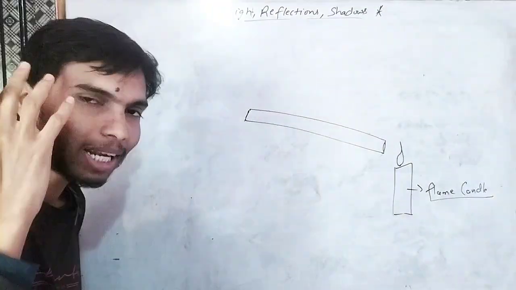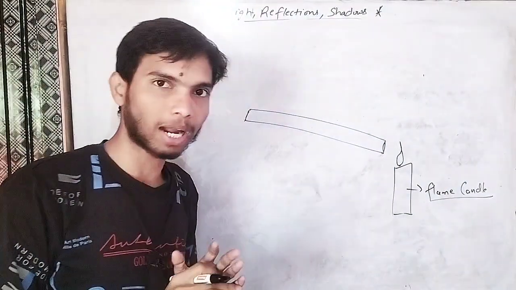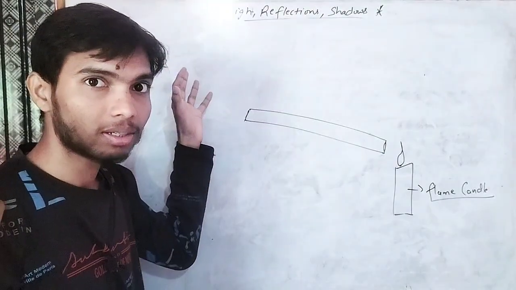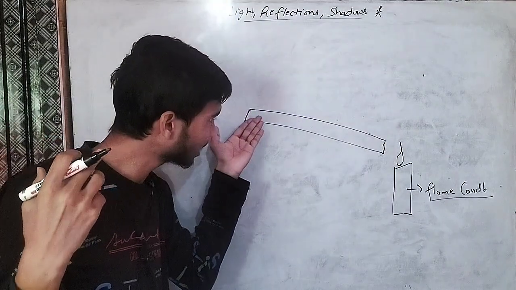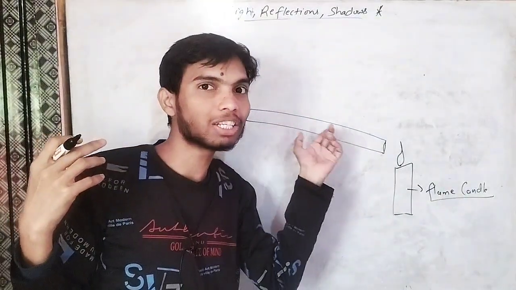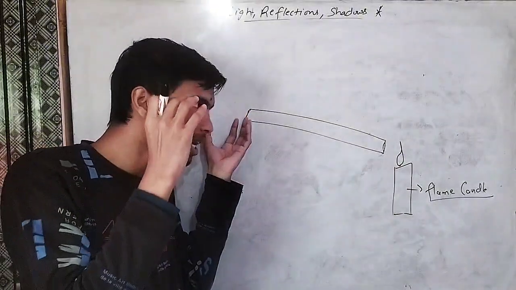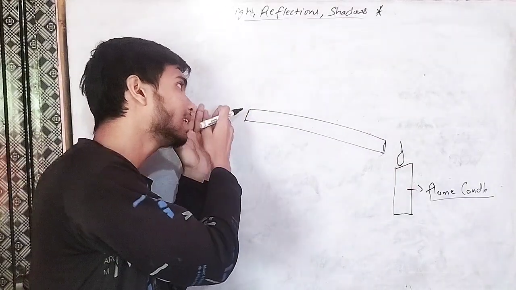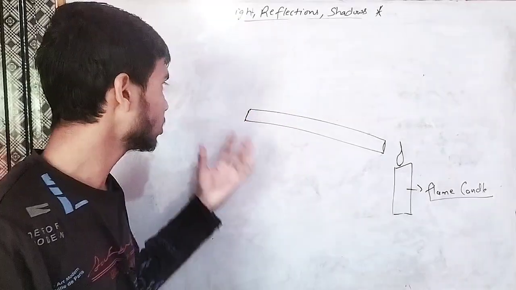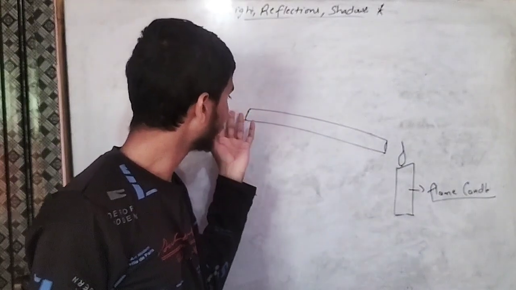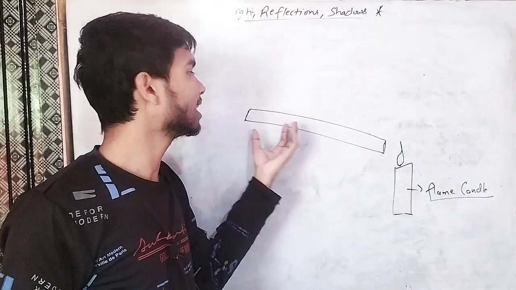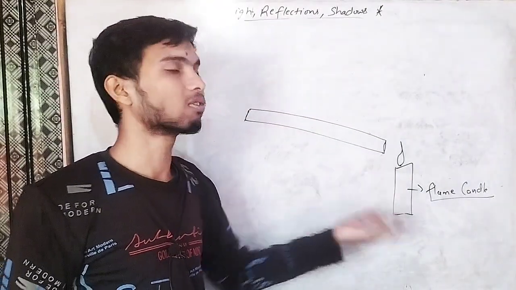Our eyes are able to see this flame candle because light coming from a source is entering inside this pipe. That's why our eyes are able to see the flame candle. If light rays are not able to go inside the pipe, then we can't see this flame candle.